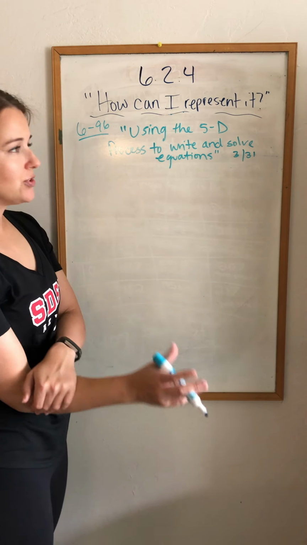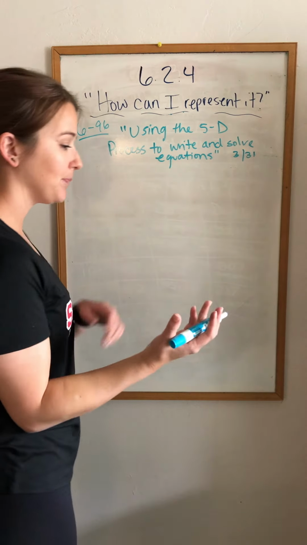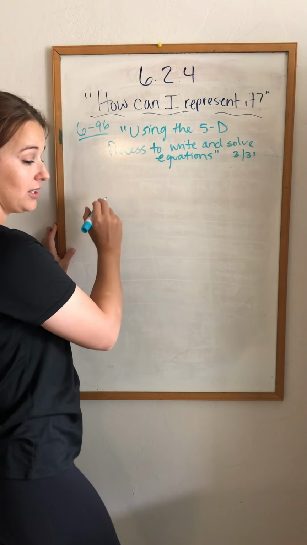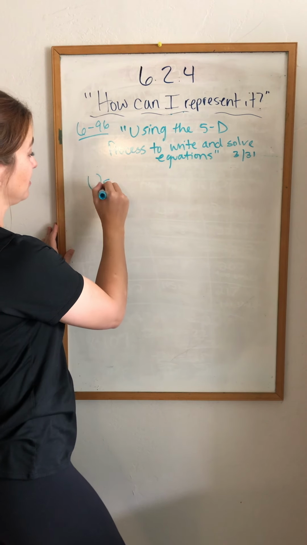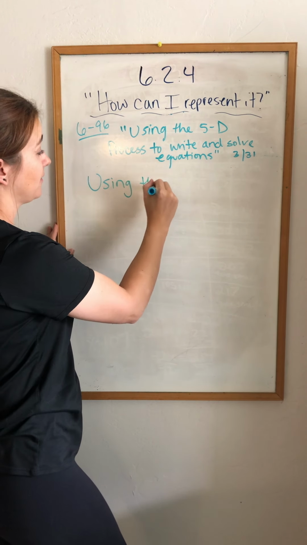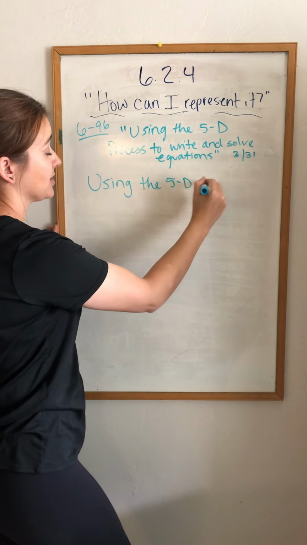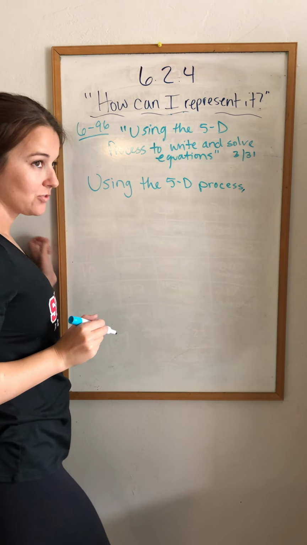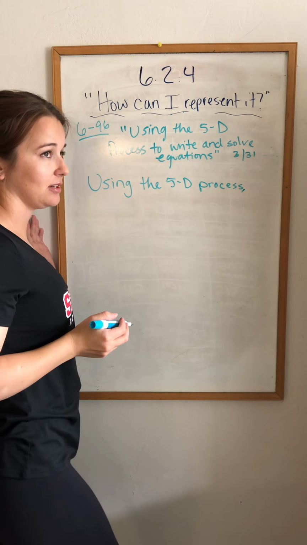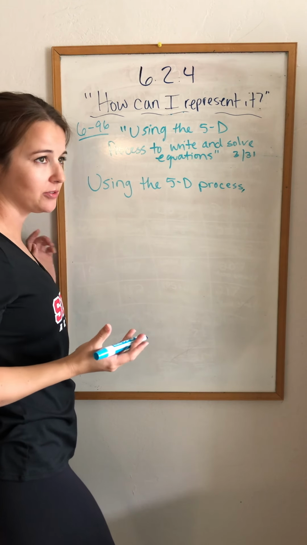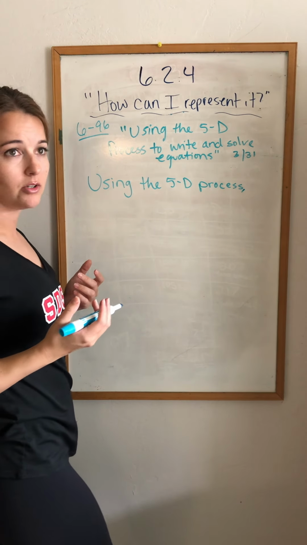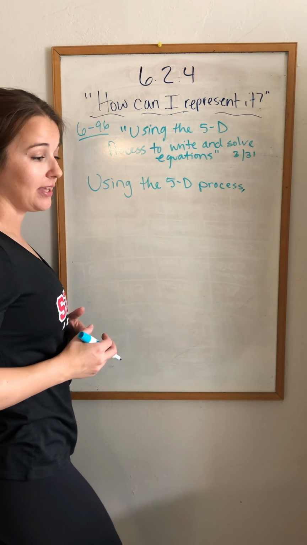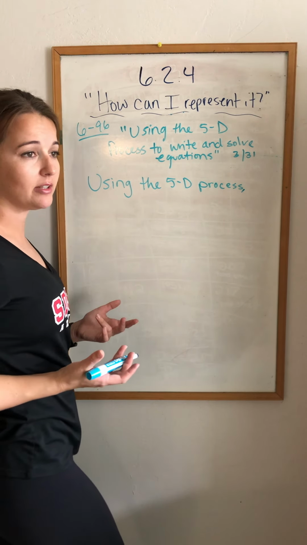So, let me see. We can use the last problem we did as an example, but here's how I started my learning log. Using the 5D process, comma. So the whole point of the 5D process is defining your variable. Defining a variable just means you label one part of your problem with a variable, and then everything else revolves around it.